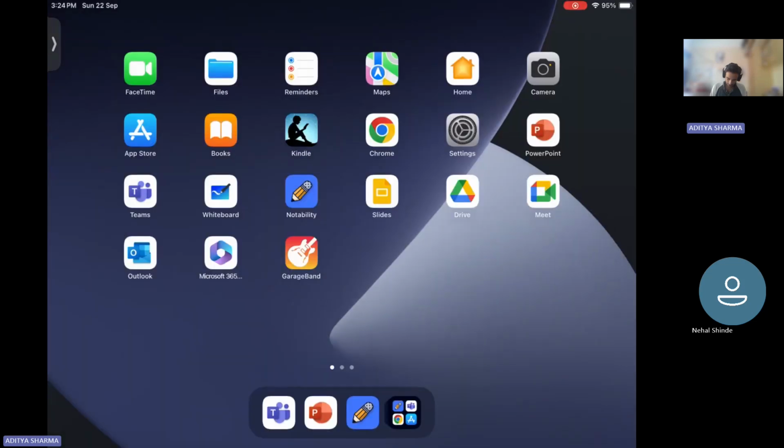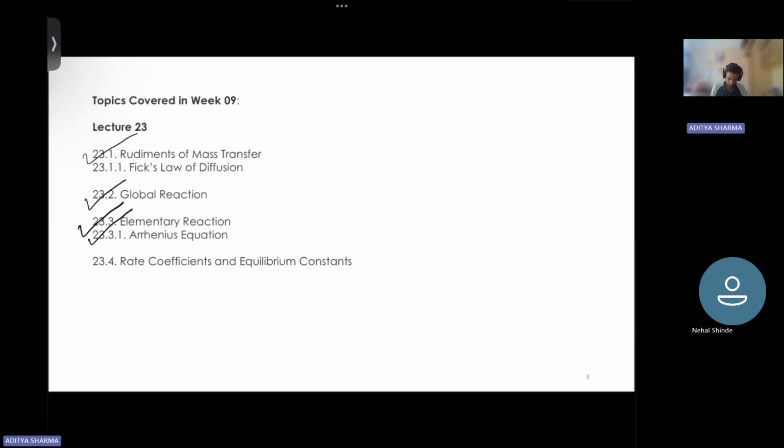After that, if you see the next topic, this is your rate coefficients and equilibrium constants. I'll just quickly brief it.